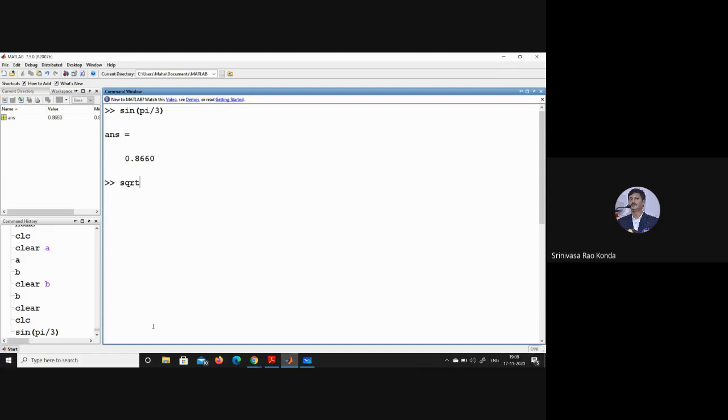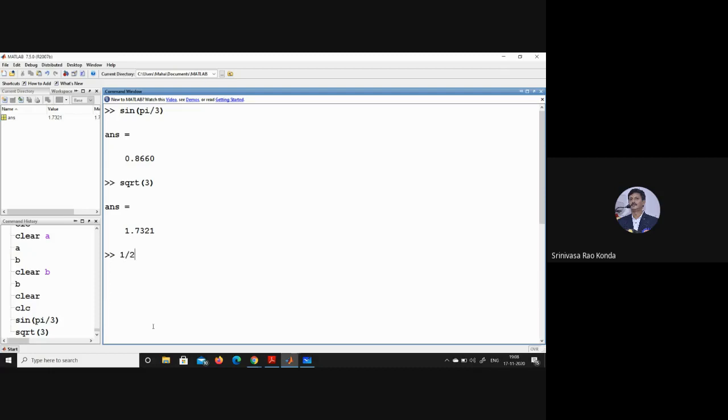Square root of 3. Square root of 3 is an irrational number, am I correct? The value of square root of 3 is not equal to 1.7321. It is not a rational number, it is an irrational number. But MATLAB is displaying the answer up to 4 decimal places.